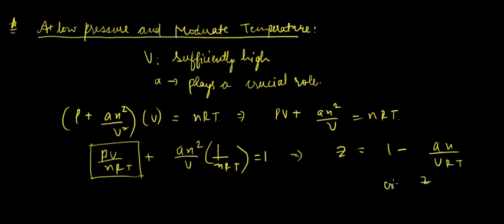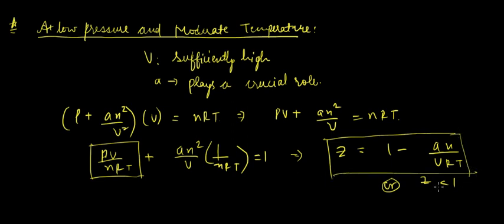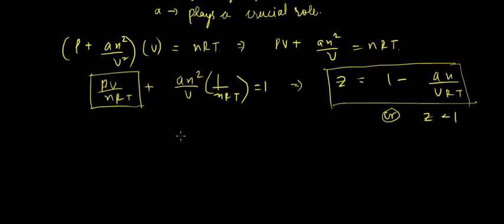Hence, we can write Z is equals to 1 for a sufficiently small value of A. If A is 0, Z would be 1, hence it would be behaving as an ideal gas.